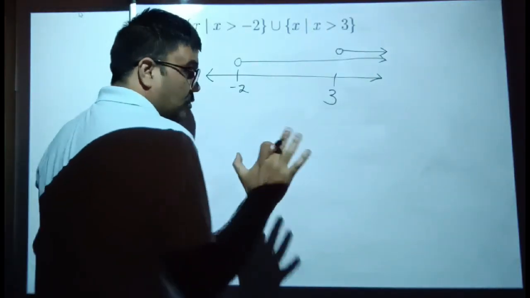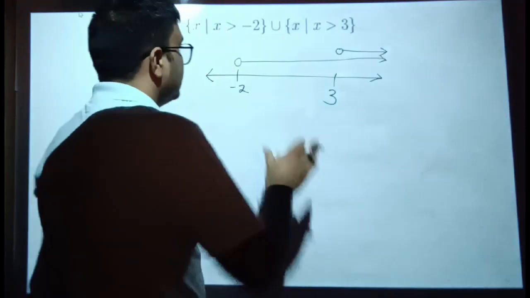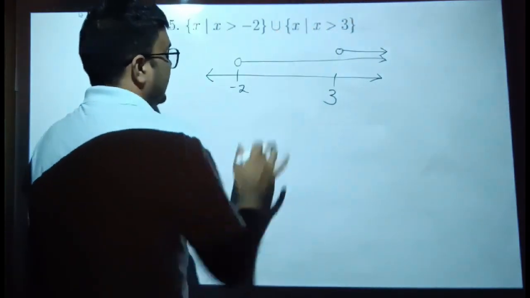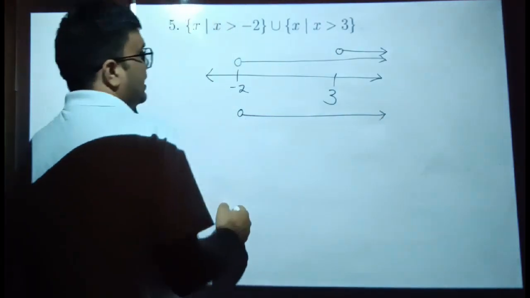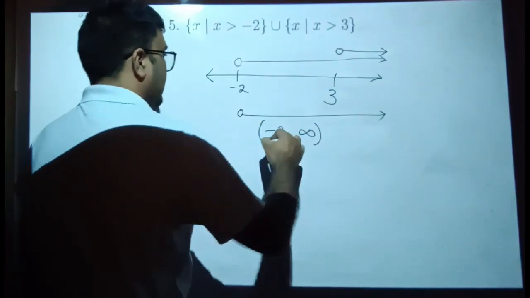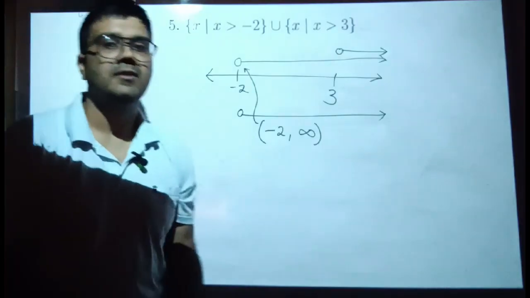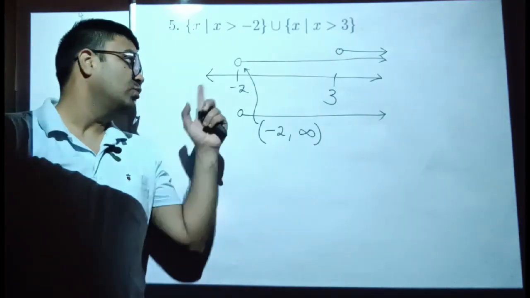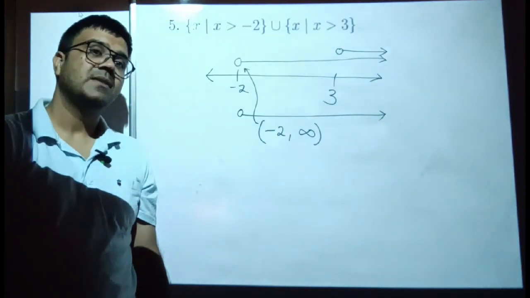We are not talking about the intersection, we are talking about the union. Union means either this region or that region, or included in both. So we obtain this region, and the answer we obtain is -2 comma infinity, and this bracket is open, open at both sides. It is the open interval (-2, infinity).